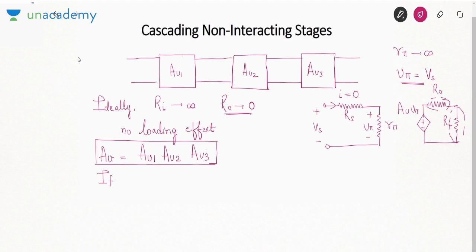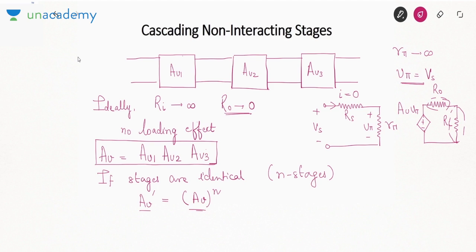Now if the stages are identical, if all the amplifiers that you are cascading are identical to each other, then the overall voltage gain is the individual voltage gain to the power n. I am cascading n stages, and that is why the overall voltage gain is the individual voltage gain raised to the power n. Is my point clear to you? So remember, you can just multiply the gains of the stages if and only if there is no loading effect, or you can say the next stage does not draw any current or power from the previous stage.